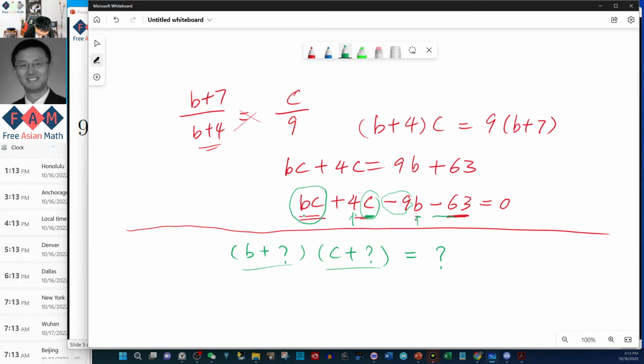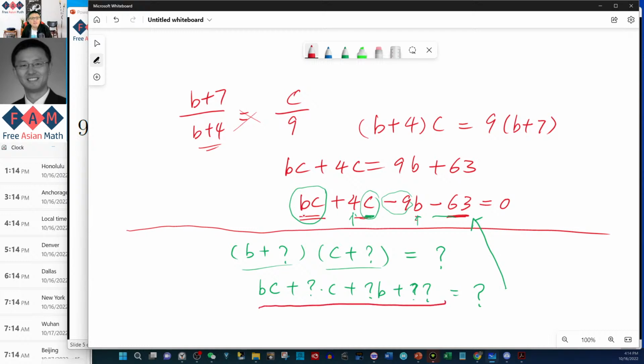So there's bc, we already have that, plus some number times c, plus some number times b, plus those two question marks multiplied together, and equals another question mark. All the question marks could be different, but you do see how this matches up. It has to, right? When you have something like b plus an integer times c plus an integer, you always get an expression like this.